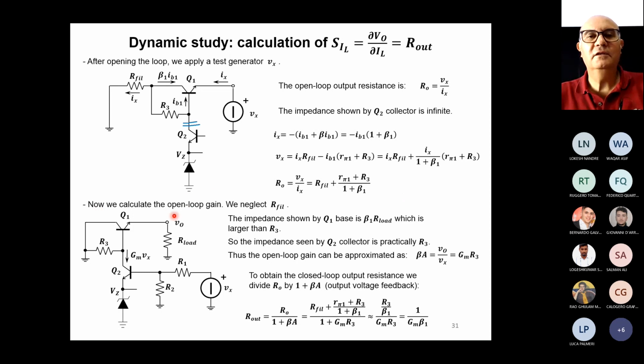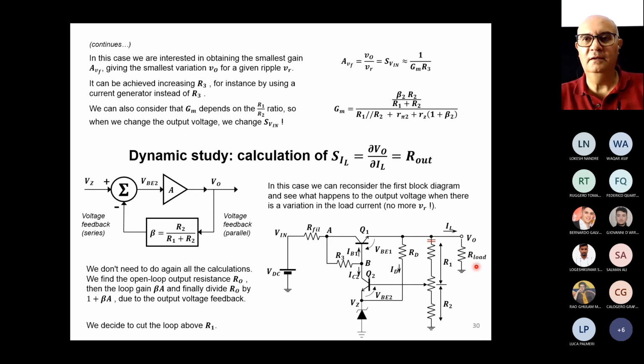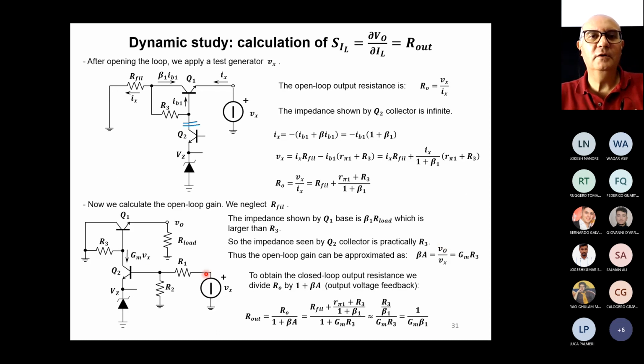We must calculate the open loop gain of the circuit after we cut the wires here. So we open the circuit here. Can we calculate this open loop gain? What is the open loop gain? This gain is the ratio between the output voltage VO and the input voltage that will be again another test generator Vx placed here.